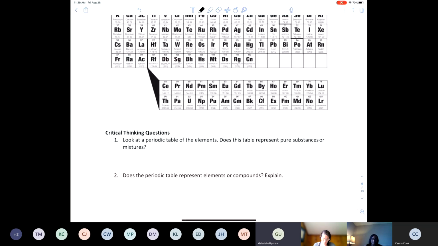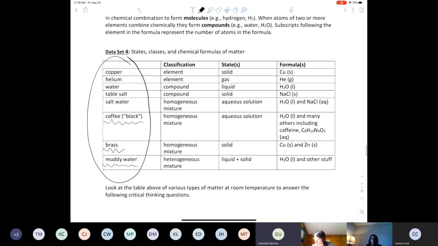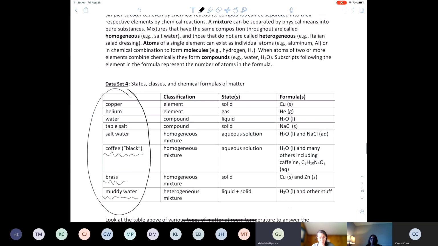I just don't have where you were talking about the copper. This here? Yes, I don't have that right there. Really? It's not anywhere on my printed or on the part where I go to look at it. Is that the case for anyone else? It's on the lab report, but it's not in the regular classifying matter worksheets.